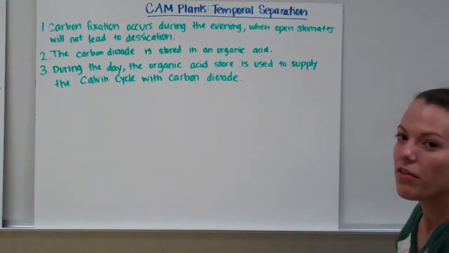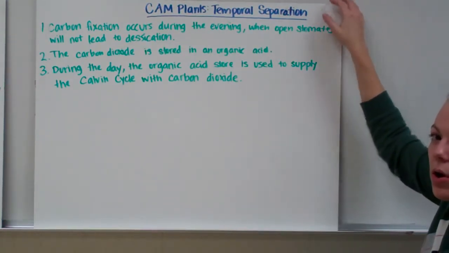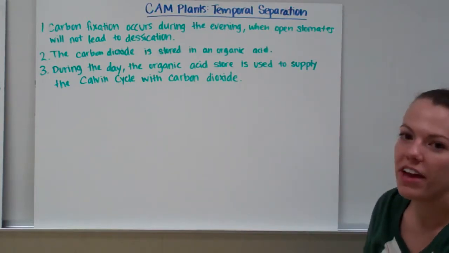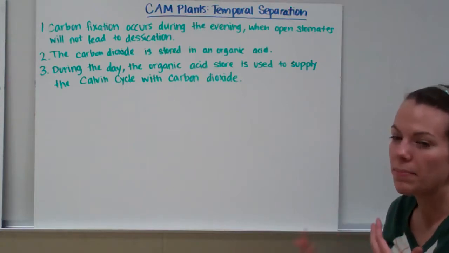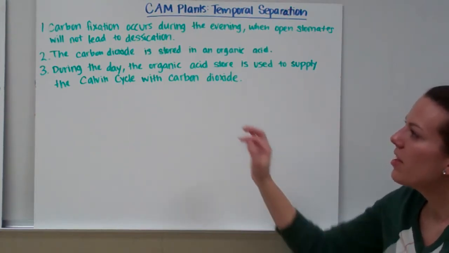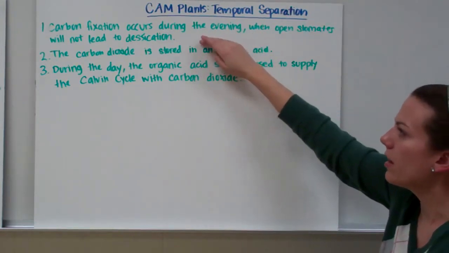Our other type of adaptation is seen in CAM plants, and they separate when they do the light and light-independent reactions in a temporal separation, not spatial separation. So carbon fixation occurs during the evening, when open stomates will not lead to desiccation.